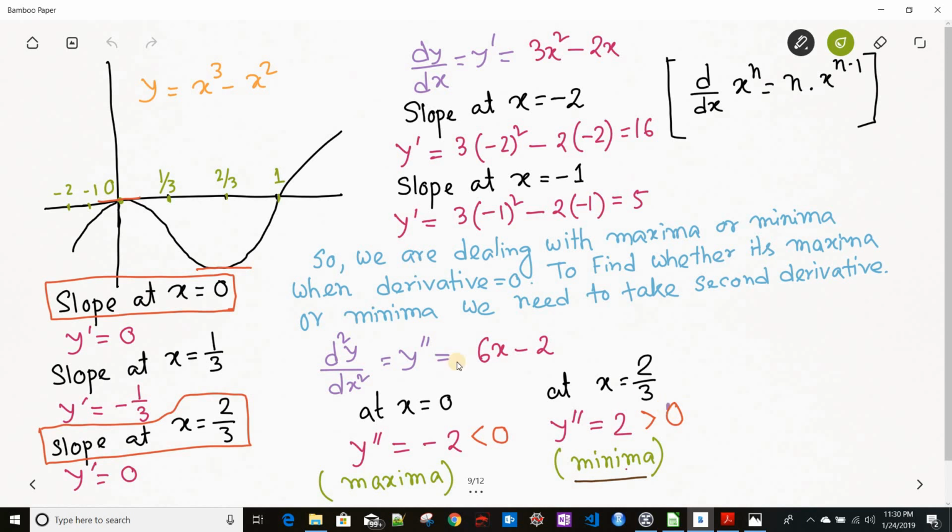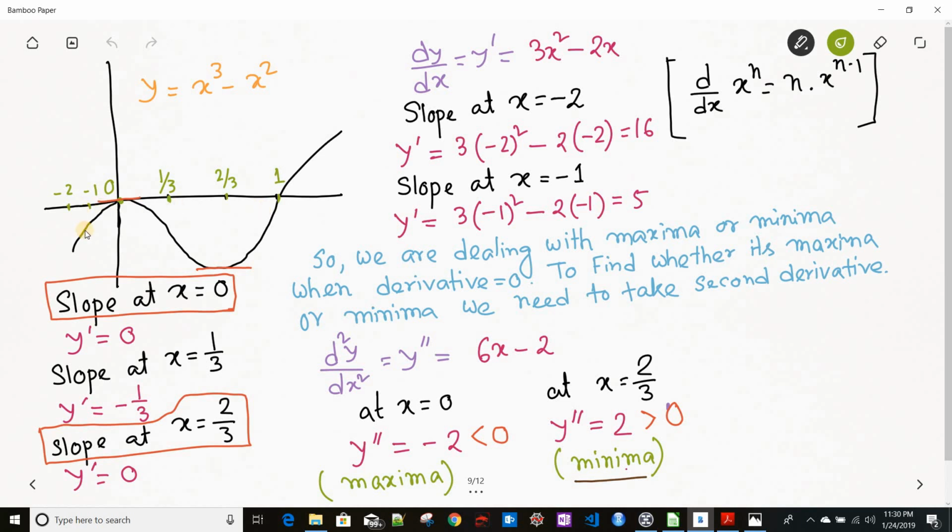Okay, so basically the second derivative is telling how the curve is going, that means how the slope is going. Here the slope is going from a positive slope to 0, then a negative slope. From the negative slope it is again reaching 0, then again a positive slope. That is what the second derivative is telling me.